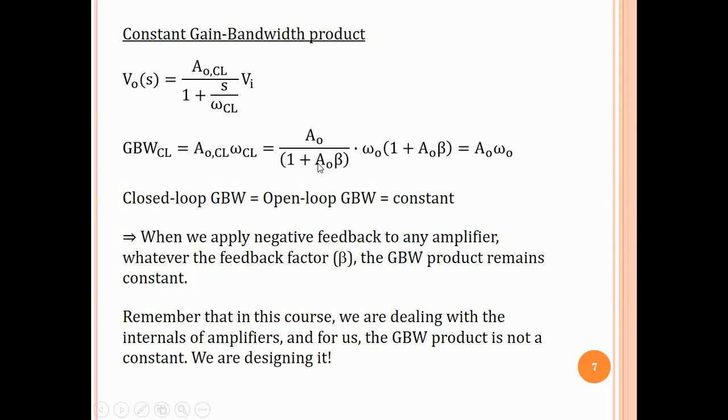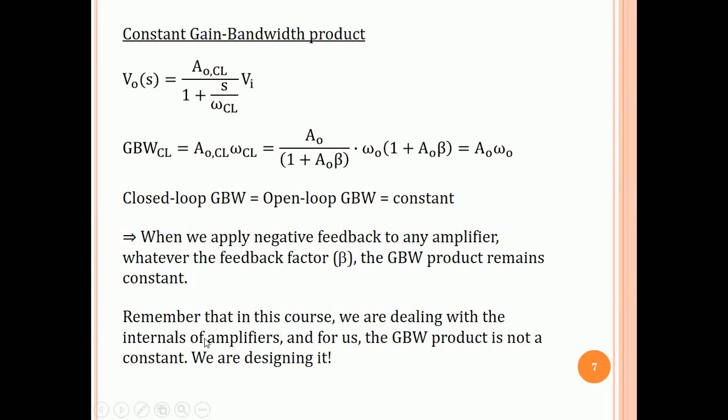Alright, it is very important to add this condition. The gain bandwidth product of any amplifier does not remain constant. In fact, in this course, we are designing the internals of amplifiers. For us, the gain bandwidth product of an amplifier is not constant. We are actually designing it. Once we've designed it and created an operational amplifier, and we keep the internal circuit of the operational amplifier unchanged, we fix it, and then we apply negative feedback to it.